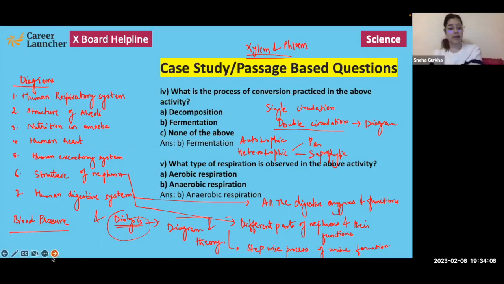So this covers almost everything that is given in the chapter, right? Almost everything in types of respiration, aerobic and anaerobic, right? What will be the end products in each type of respiration. So everything needs to be covered, okay?